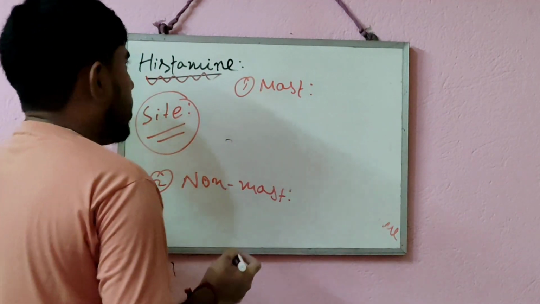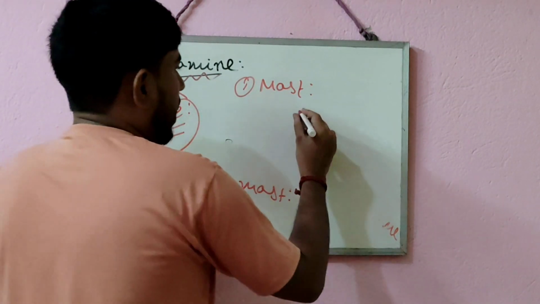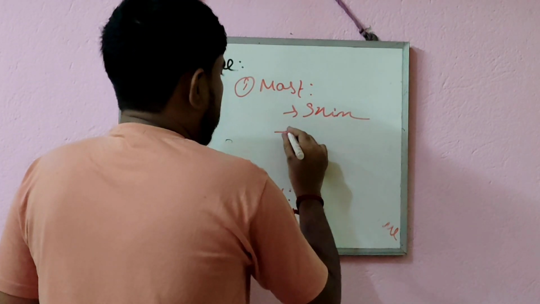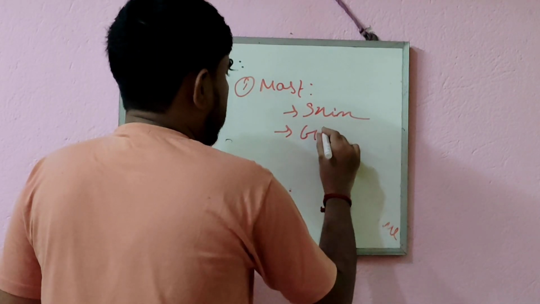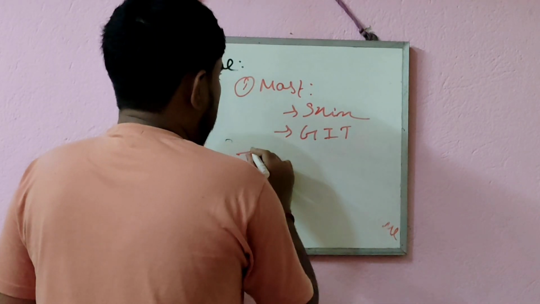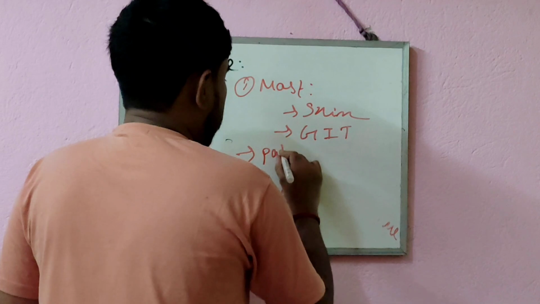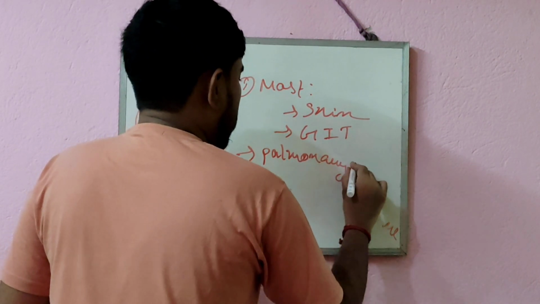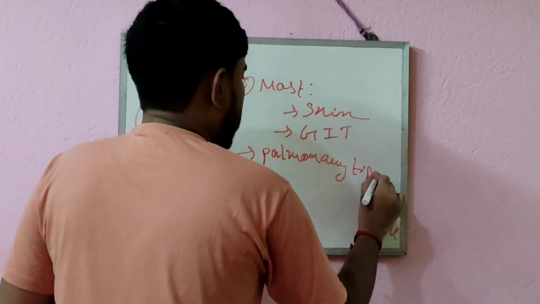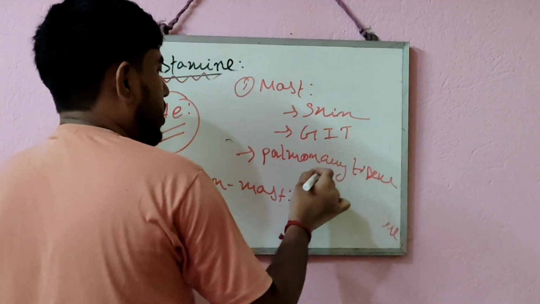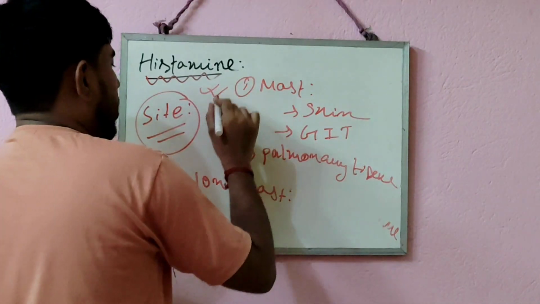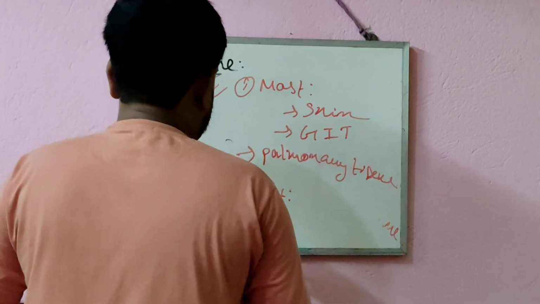The mast cells that generally generate histamine involve the skin, the GIT, and also pulmonary tissues. So these are the mast cells, the skin, GIT and pulmonary tissue, where histamine is generally generated or secreted.